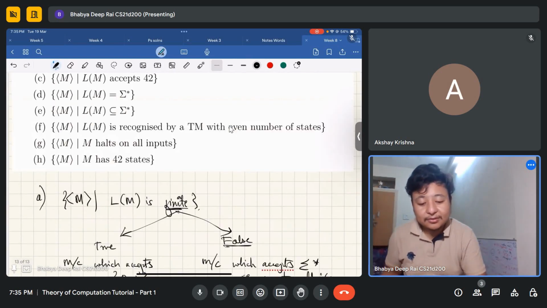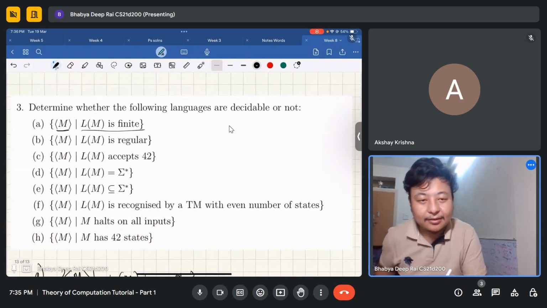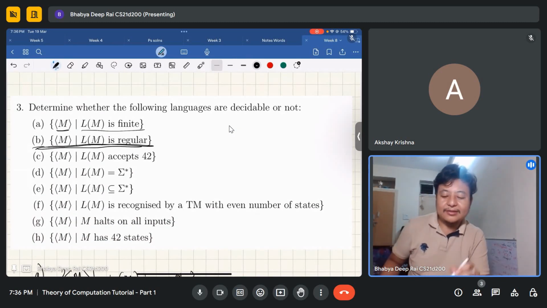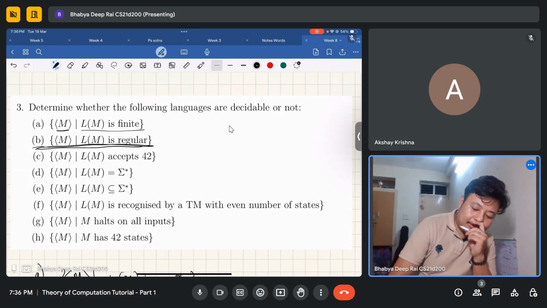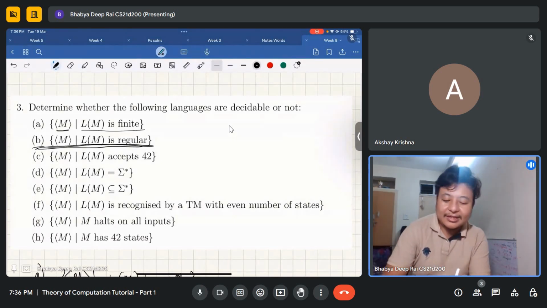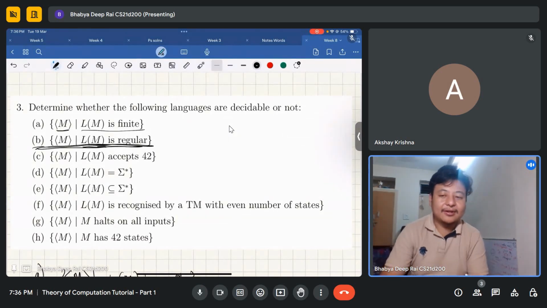Okay. So yeah, this one I want to ask you again, Akshay. Look at this one. All those machines such that the language of the machine is regular. Is this trivial or non-trivial?